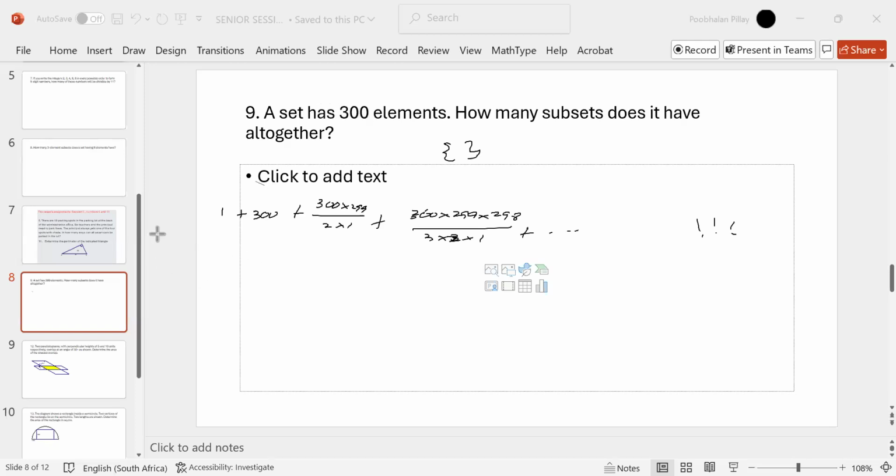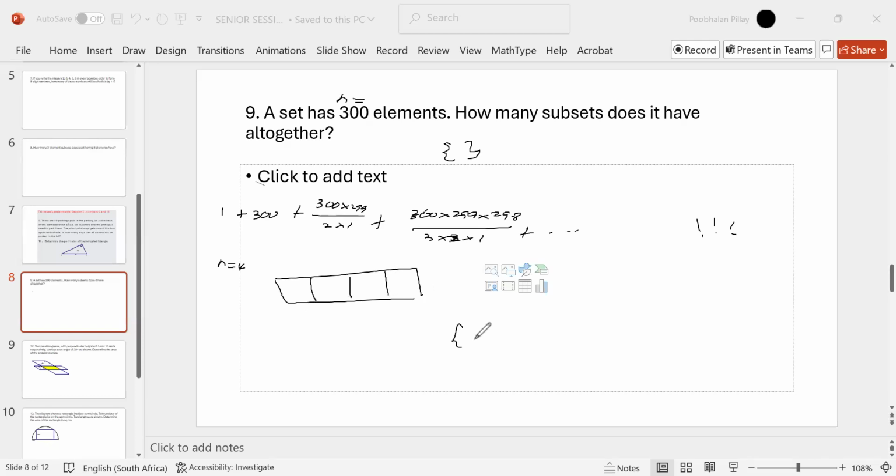Okay, instead of putting 300 elements, that's too much. Let's say it's got 4 elements. We'll call this 300, say we call it n. N equals 300. Suppose n is equal to 4. Then we want to choose a subset.